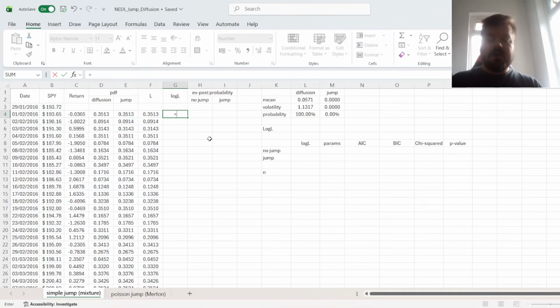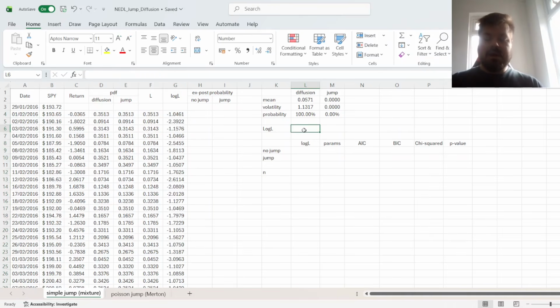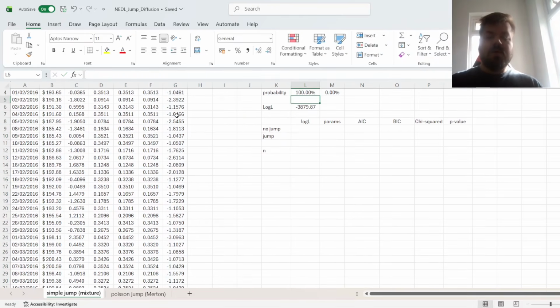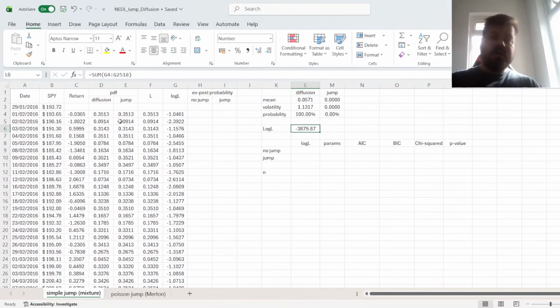And for the log likelihood, we take the natural logarithm of the probability weighted density, and using an error function, returning a large negative number, say minus 1000, if there is an error in there. And we can calculate the log likelihood of the process without any jumps.